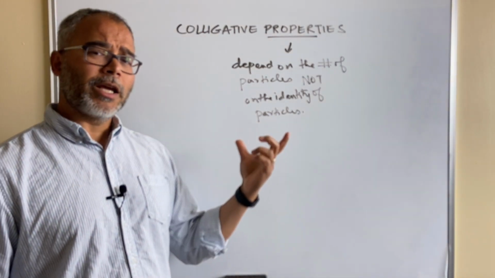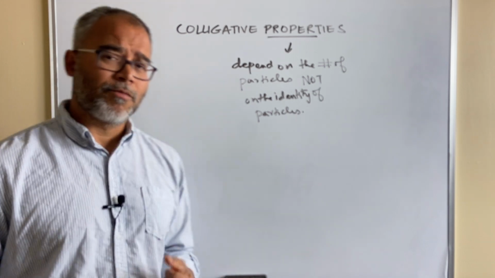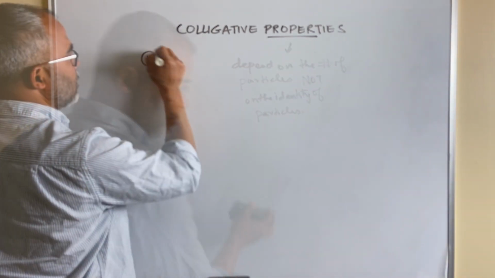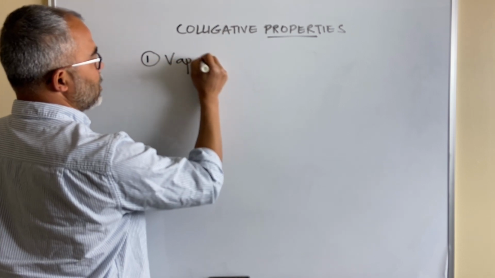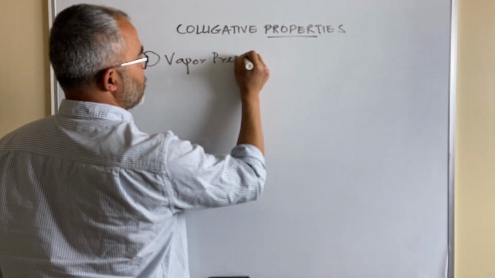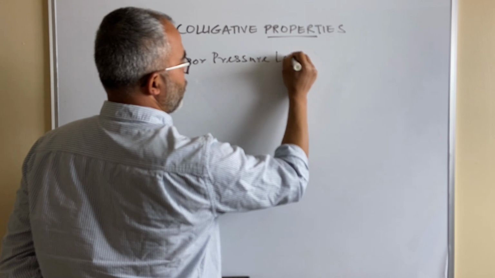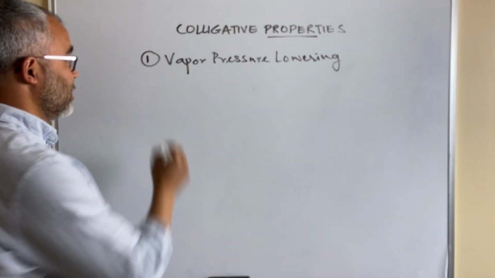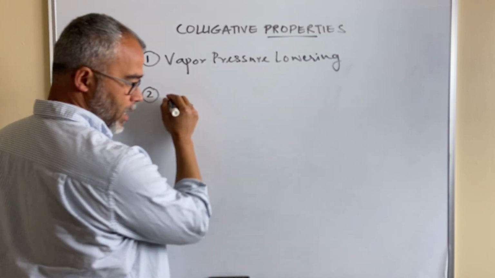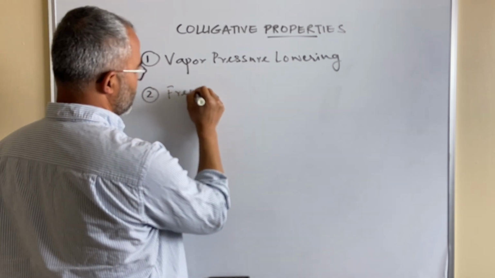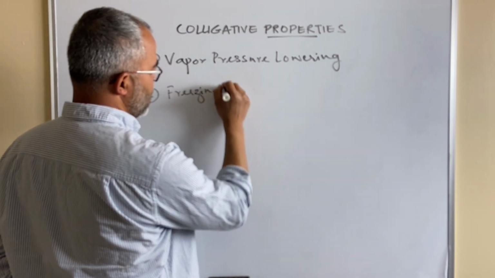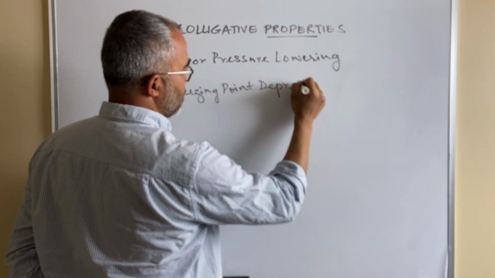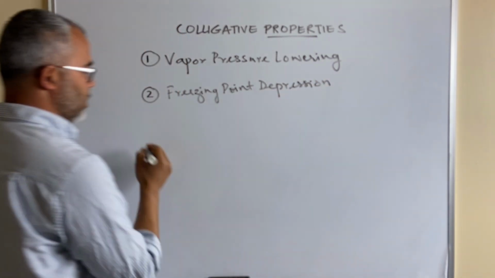Now, with respect to colligative properties, there are actually 4 colligative properties that we're going to learn. Let me write them down. The first one is vapor pressure lowering. The second one is freezing point depression.